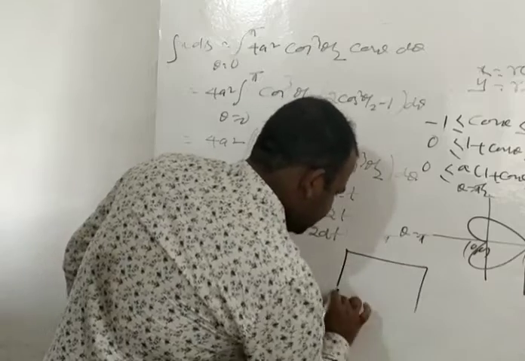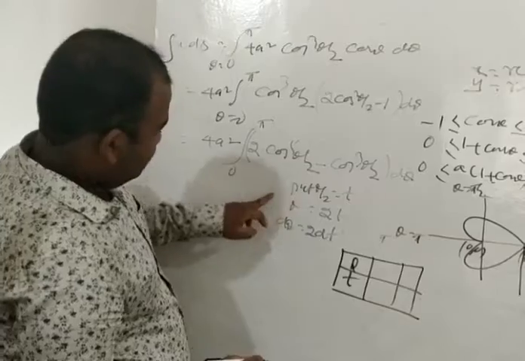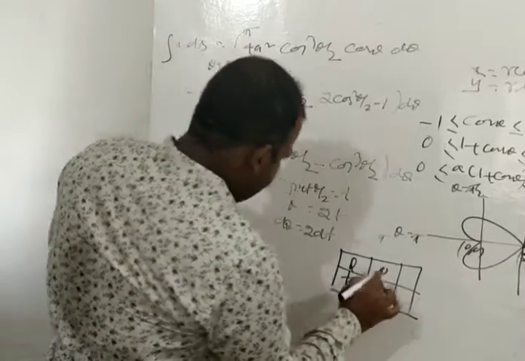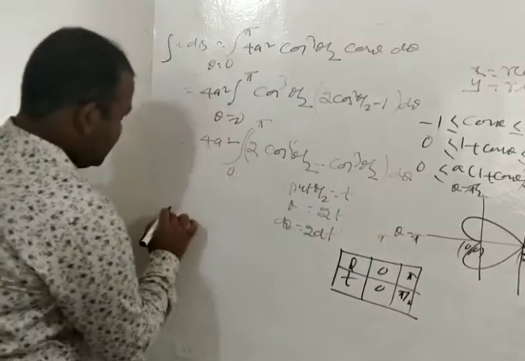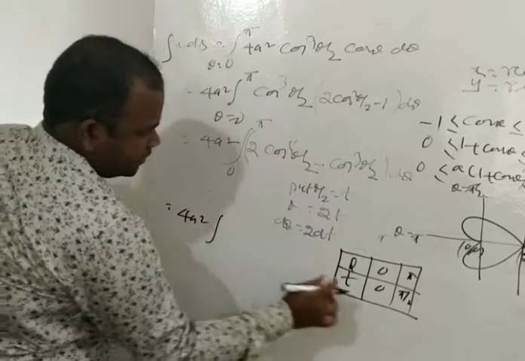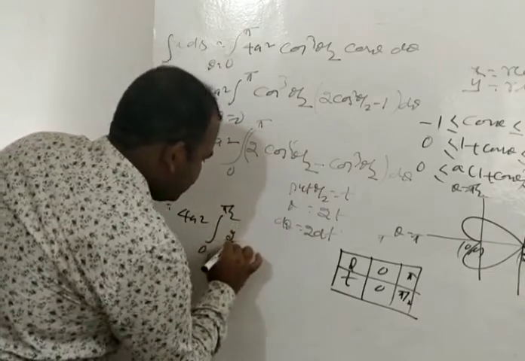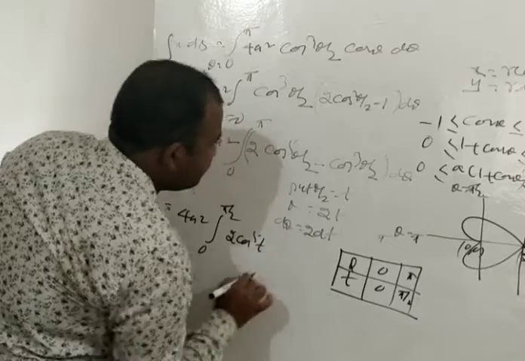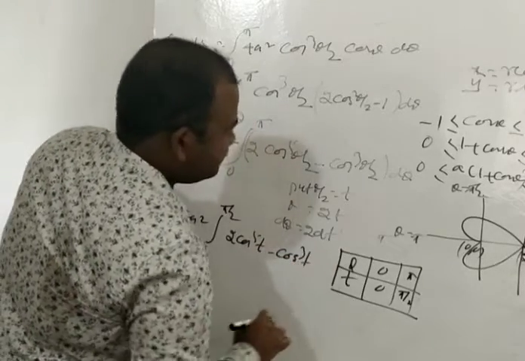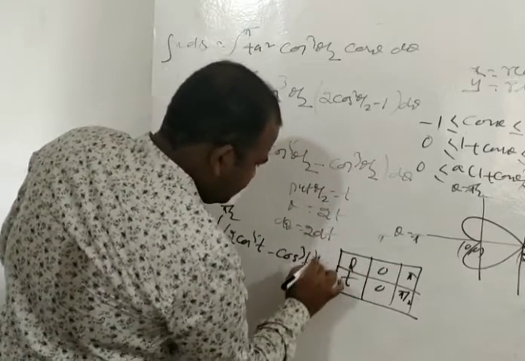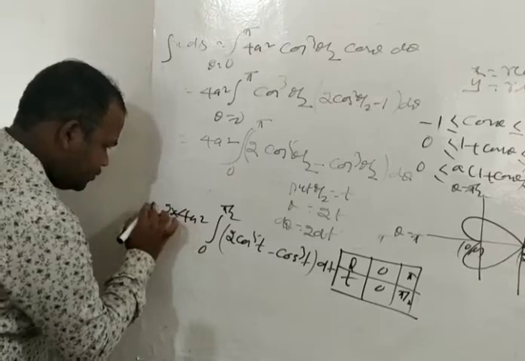And we will change the limits. Whenever theta equals 0, t equals 0, and whenever theta equals pi, t equals pi/2. Now this is 4a square, integration of 0 to pi/2 of (2 cos 5t minus cos cube t), with d theta equal to 2 dt.